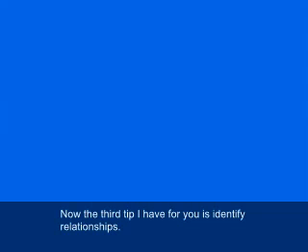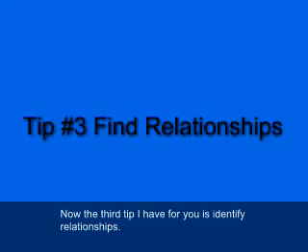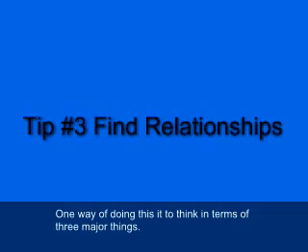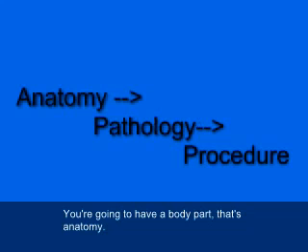Now, the third tip I have for you is identify relationships. Now, what do I mean by that? What I mean is look at how the different major sections and subsections might relate to each other. One way of doing this is to think in terms of three major things. You're going to have a body part, that's anatomy.